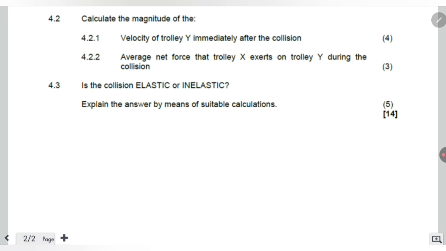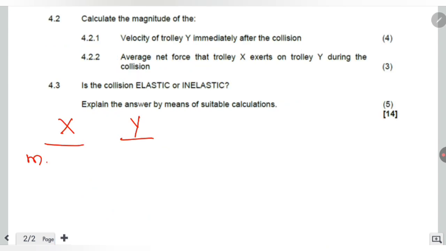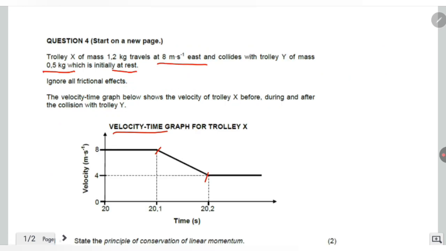If you get questions like this, it's always better to write X and Y separately so that you can see. Mass of X, m1, is equal to 1.2 kg. Mass of Y is 0.5 kg.